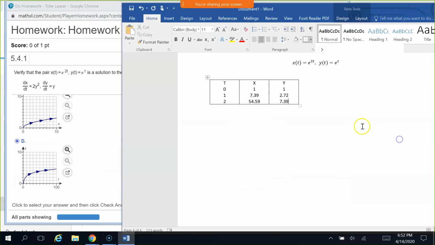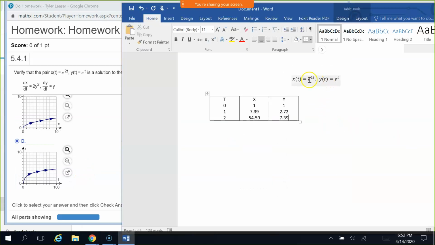Don't forget that your calculator can graph parametric equations. So if you go into the calculator and change the mode to parameters. I wish I had a calculator here to show you, but I don't, sorry. So go into mode, and instead of function, change it to parametric.